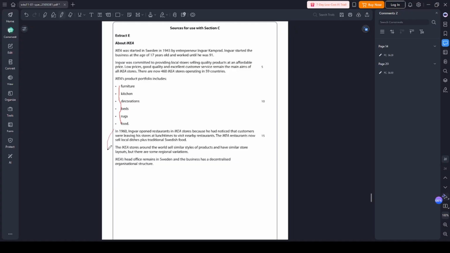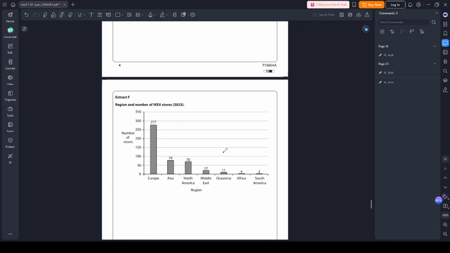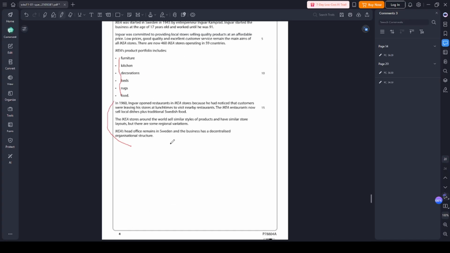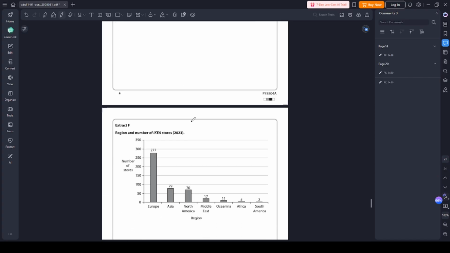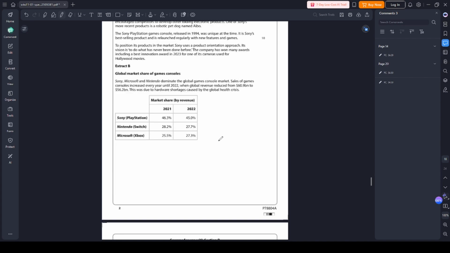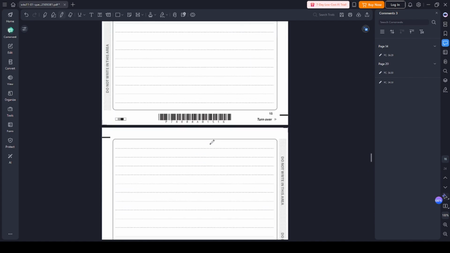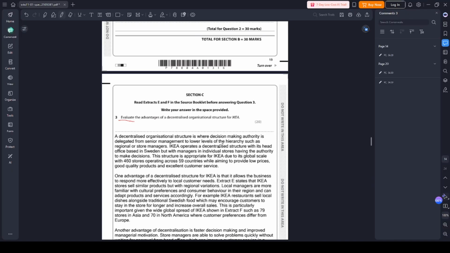Also, the key differences throughout the years. It's all right here. And extract F, this tells us about the regions and the number of IKEA stores in 2023. It has Europe, Asia, and many other regions of the world. So, yeah, this is very important. We need to use these 2 extracts in order to answer the question. So, let's head to the answer.